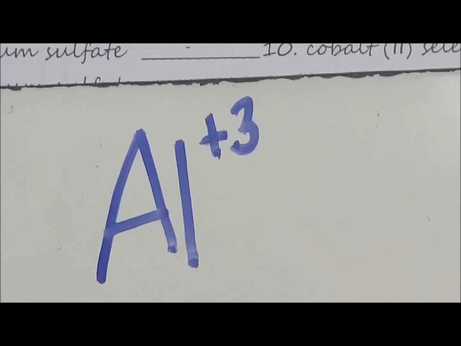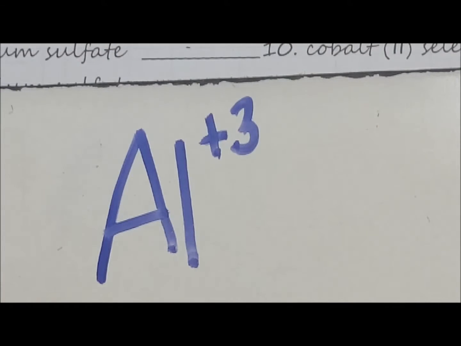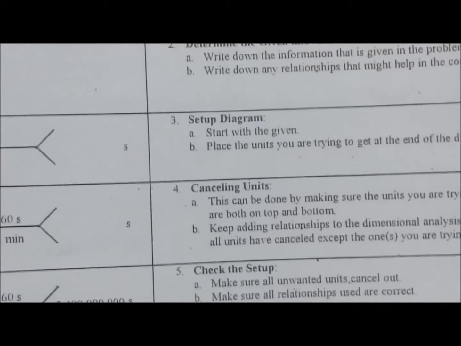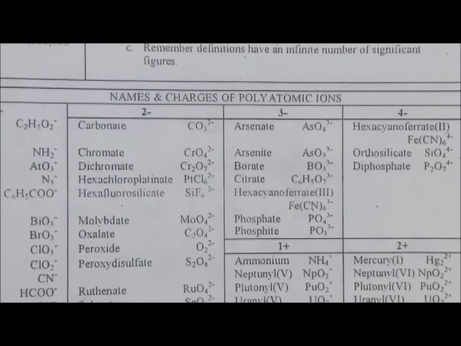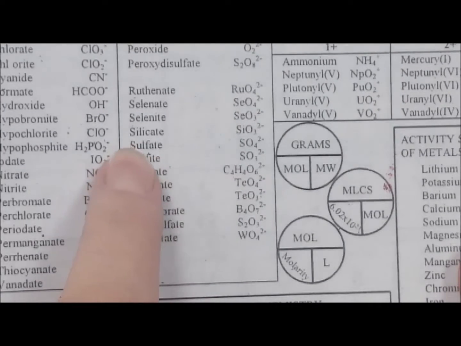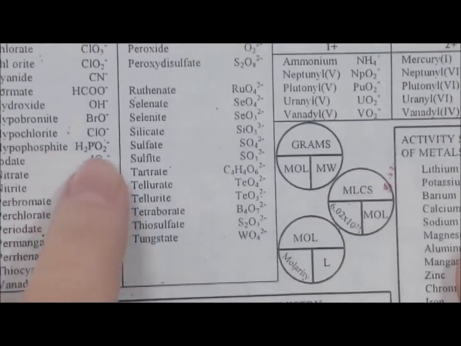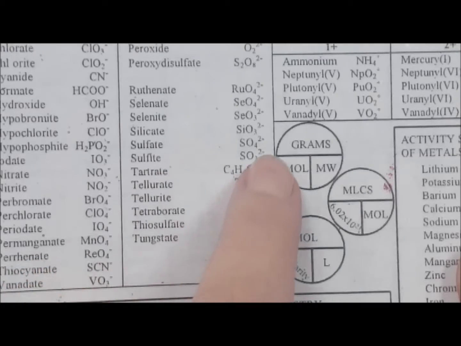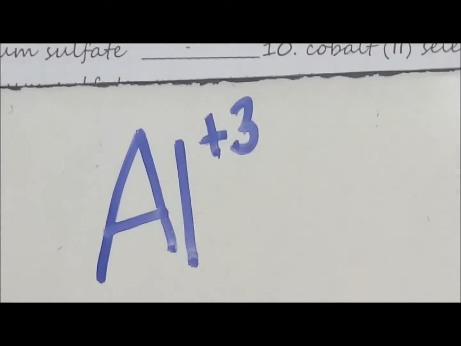Now sulfate, notice sulfate is different than sulfite, but all the ites and all the ates are on this table here, you guys. They're not going to be on the periodic table. So just look until you find it. Sulfate is alphabetical here. It's SO4 -2. So sulfite was SO3 -2 and sulfate is SO4 -2. That's very common.